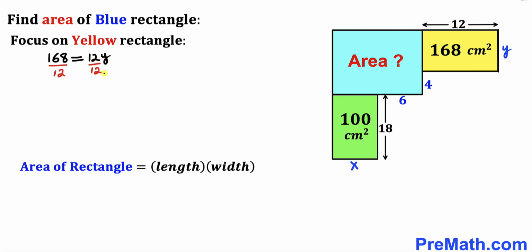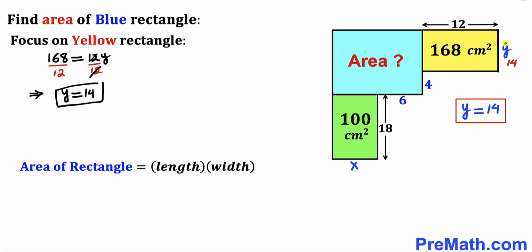Now let's divide both sides by 12 to isolate y. So therefore our y value turns out to be 14 centimeter. So therefore this side length for this yellow rectangle turns out to be 14 centimeter.